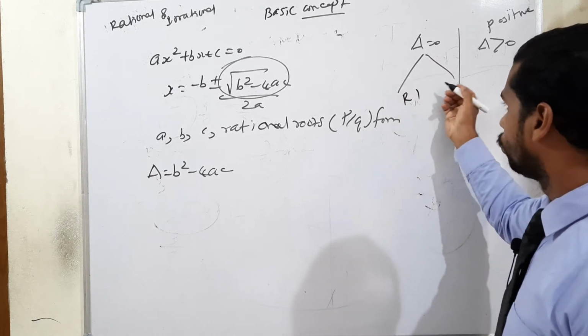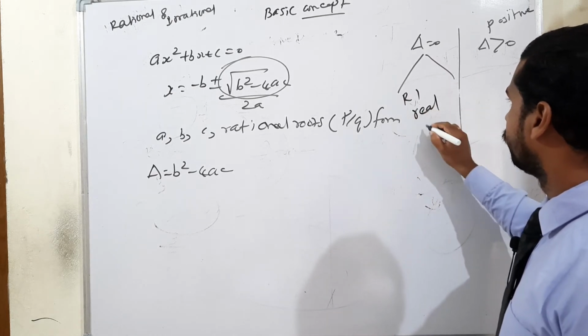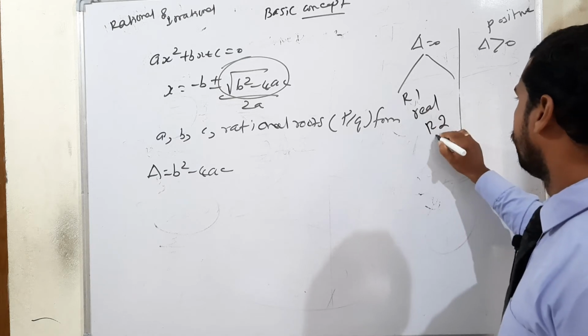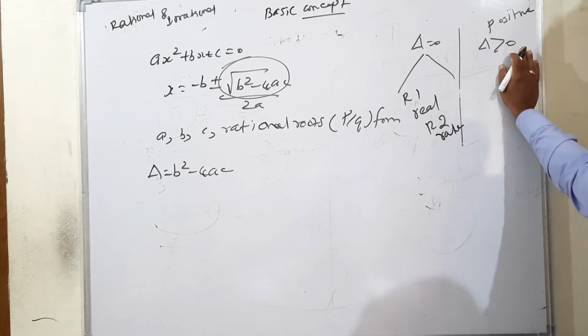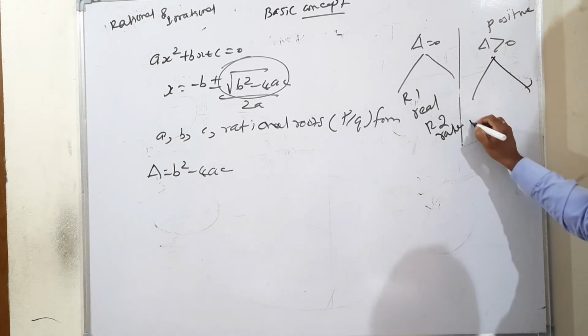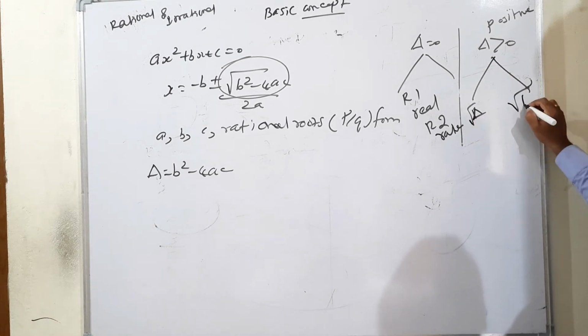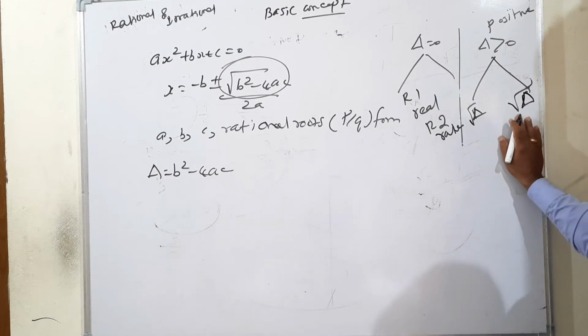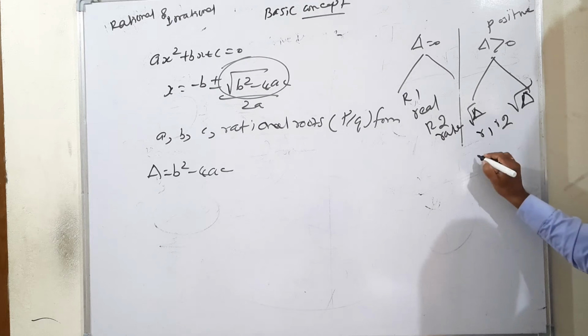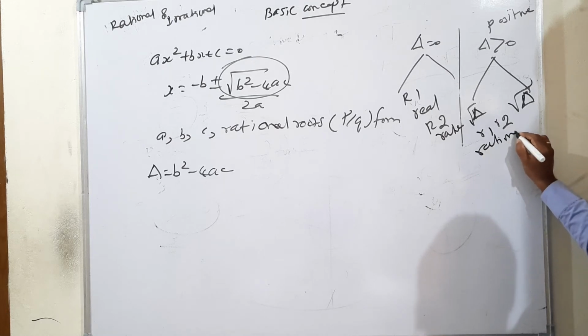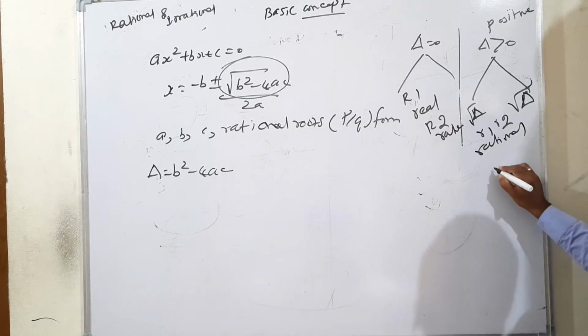If you have one real number result, then definitely the other result is also rational. But for Δ greater than 0, the positive case, we have two results, r1 and r2, from the plus and minus of the square root of Δ. When do you get rational results and when irrational?